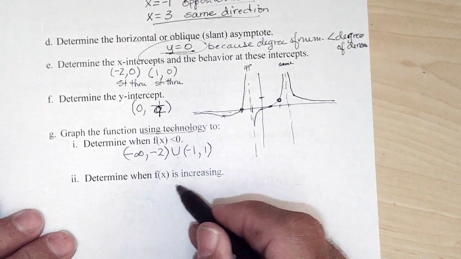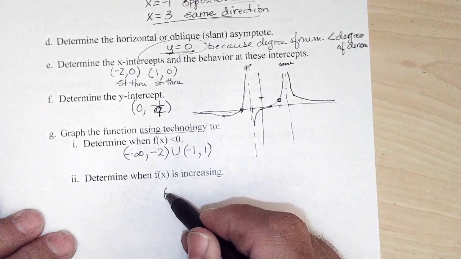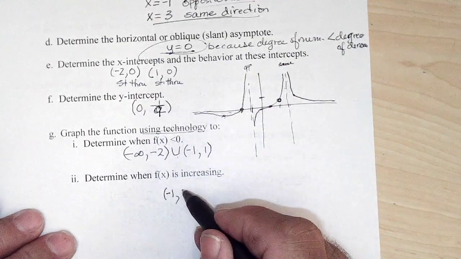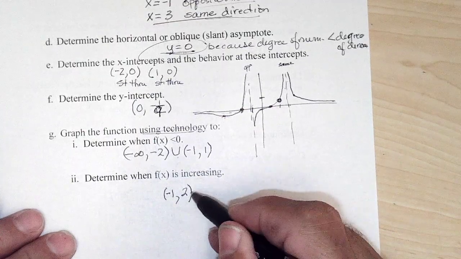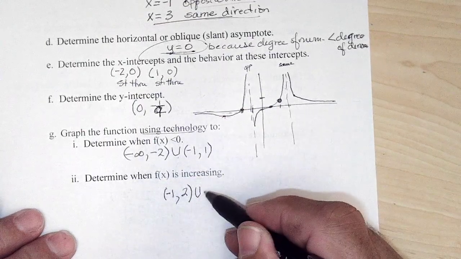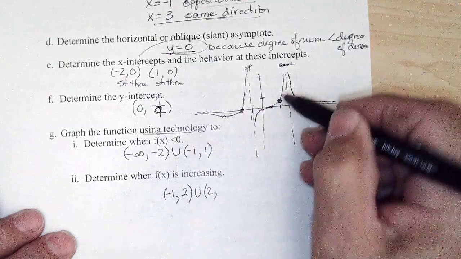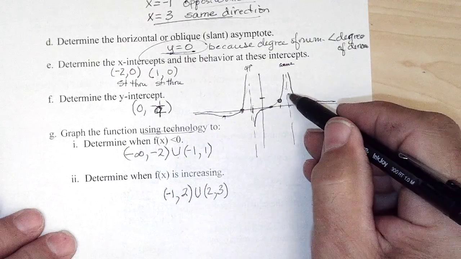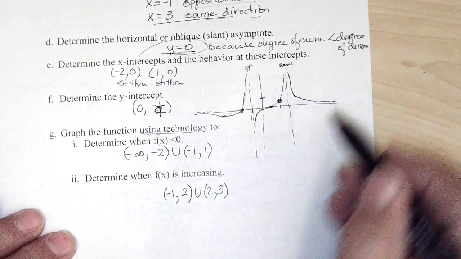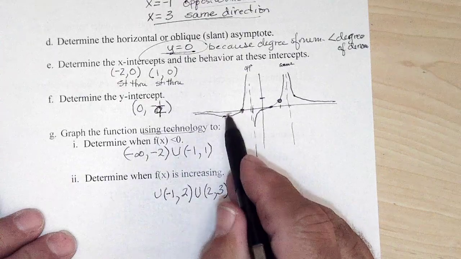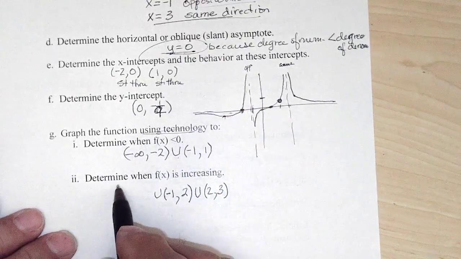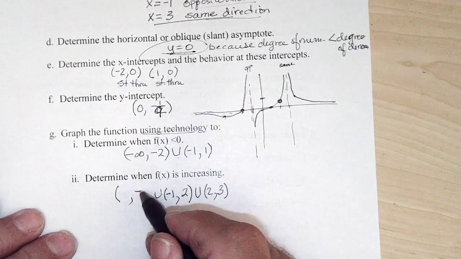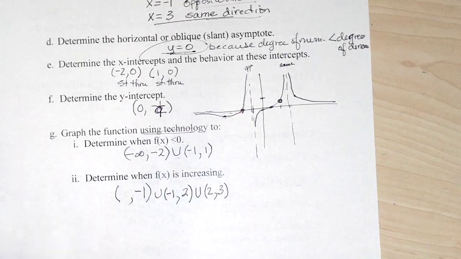It's increasing from negative 1 to 2. It disappears at 2. Then union, after 2, it's still increasing up to 3. After 3, it's decreasing. There is a portion here from some place up to negative 1, it's increasing. I got to find that low spot.